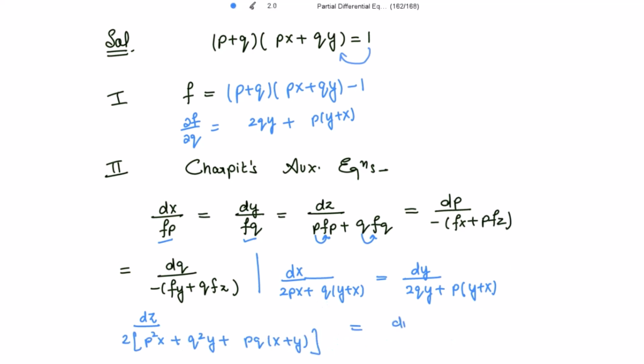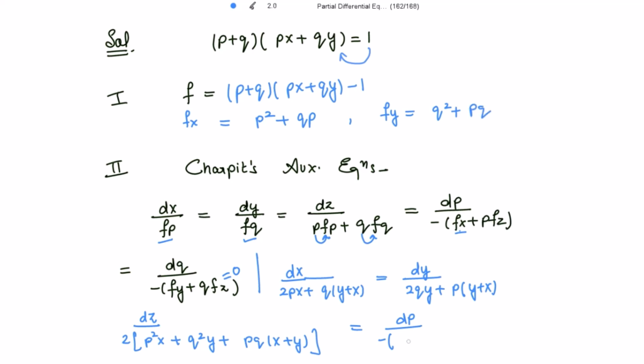Then dp divided by negative of fx. Differentiating f with respect to x, we get p square plus qp. Similarly, differentiating f with respect to y, we get q square plus pq.